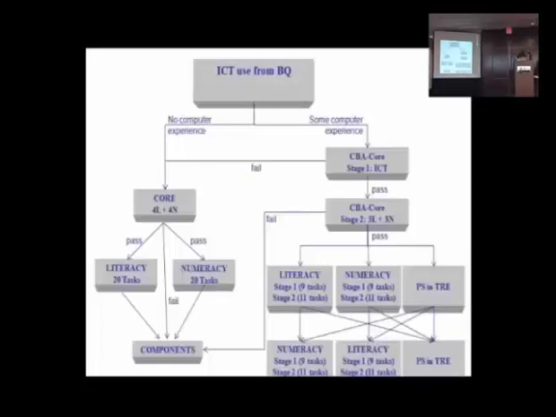And this is the little logic model from OECD. If people had never used a computer, they were just routed away from the computer-based assessment. That was the first thing. I'm sorry, I skipped a step.